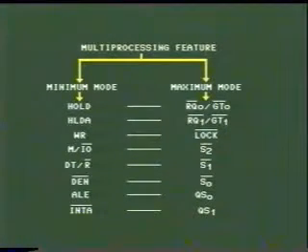In the minimum mode, it can be used in a single processor environment, whereas in the maximum mode, the memory and I/O control signals are generated in coded form and an external device like 8288 generates these signals.